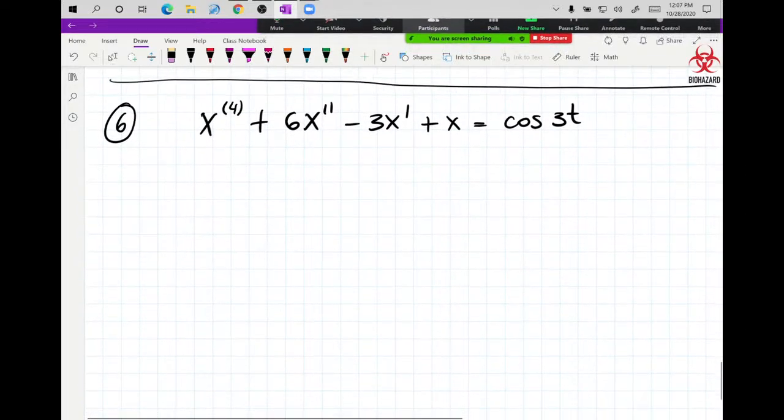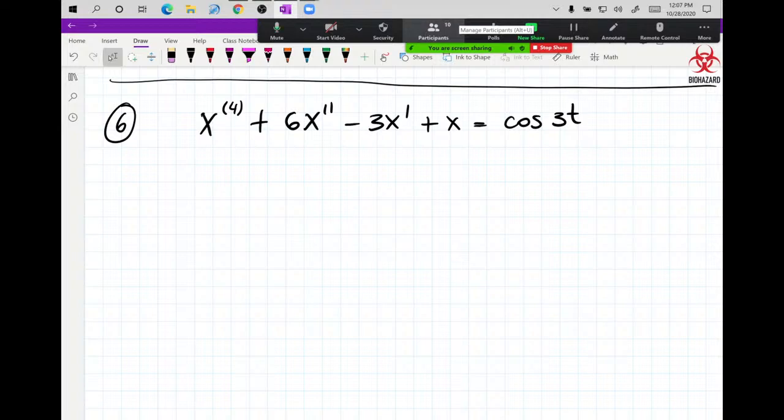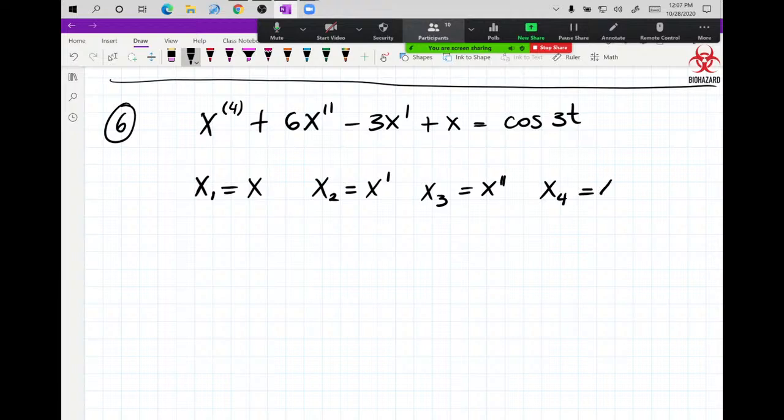It is more like, let's define all of the 4 variables, new functions, and then go from there. So you have your x1 equal x, x2 equal x prime, x3 equal x double prime, x4 equal x triple prime, and remember the highest order is not represented in this let line.